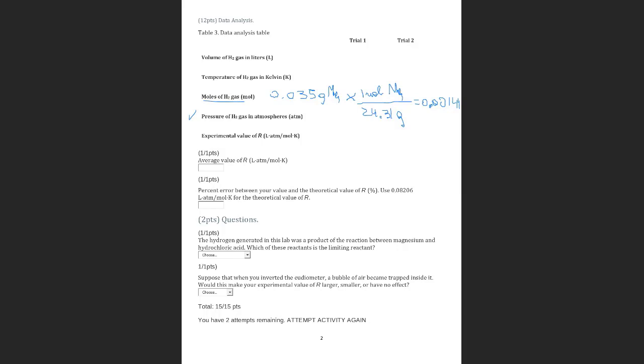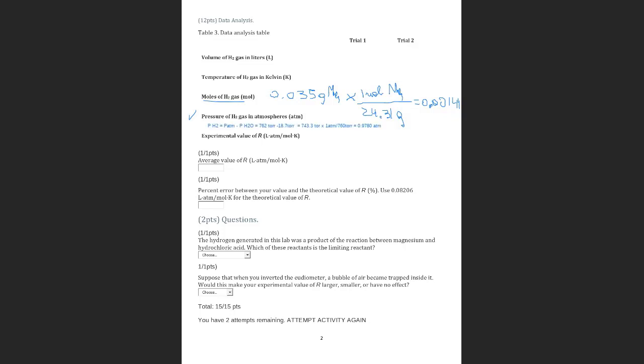But we know that 1 atm equals 760 torr. So if we divide the value in torr by 760, we are going to obtain with my data 0.9780 atm, because they are asking for the hydrogen gas in atmosphere.